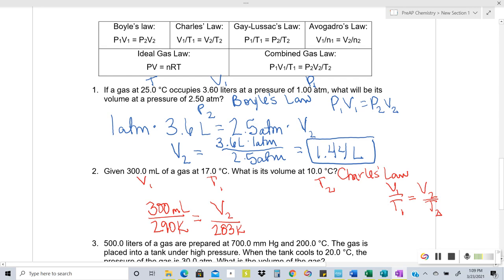That is something cutesy your teachers did in lower levels of school. We're going to cross multiply and divide. So we're going to cross 300 times 283. We're going to divide by 290, and that'll give me V2.